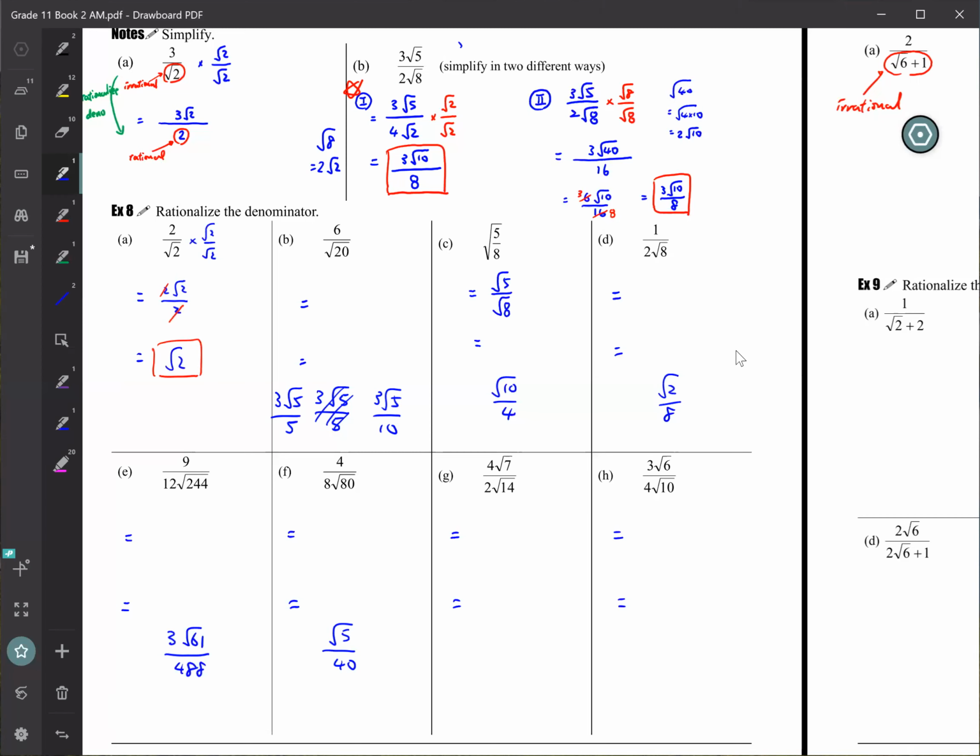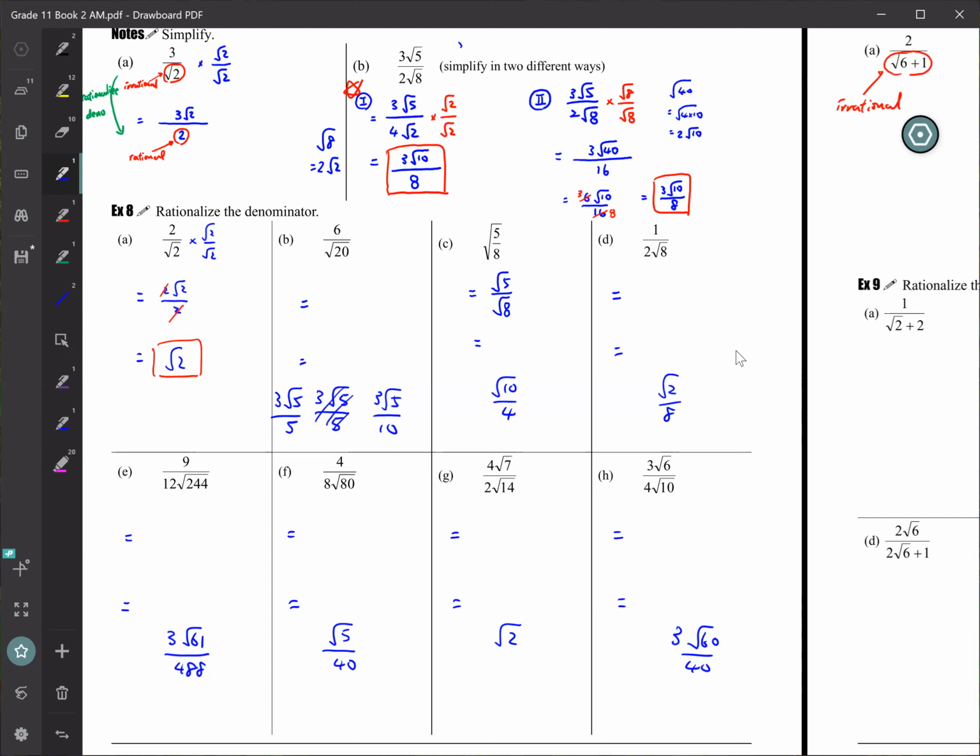Okay, Aaron, G? I got root 2. Okay, just root 2. Eric, last one? I have 3 root 60 over 40. Okay, anyone want to add in your answers for G and H?